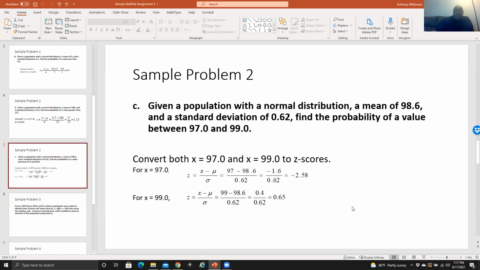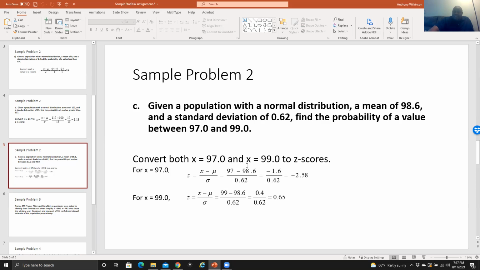Now we have to convert both of these x values, 97.0 and 99.0, to z-scores. Starting with 97.0, we use this formula: z is equal to x minus mu, all divided by sigma. Your x value is 97 minus the mean of 98.6, all divided by the standard deviation sigma of 0.62.